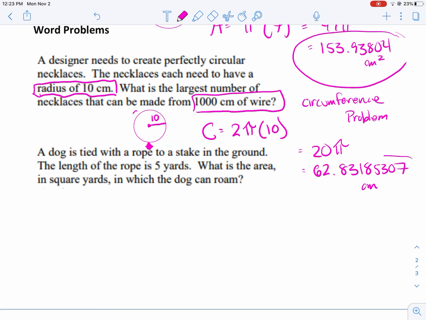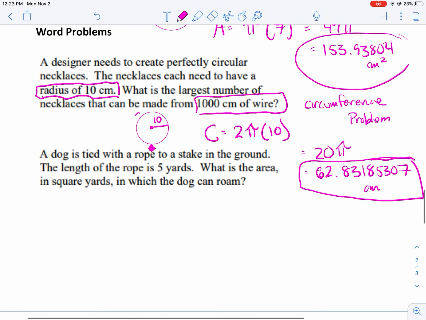So that is our length around the necklace, right? Our circumference. So now we know that it takes 62.83185307 centimeters of wire to create a necklace that'll have a radius of 10, right? So now we need to see how many of these we can make.